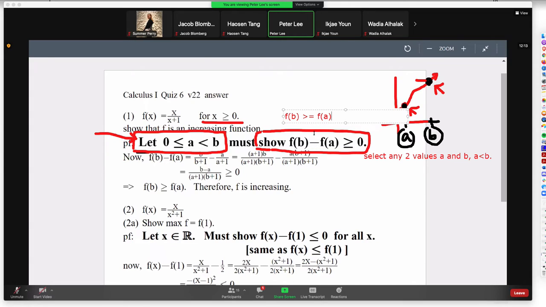Or mathematically, math people, we like to put everything on one side, and so we want to show that f of b minus f of a is greater or equal to 0. Now note that this a and b are random. a and b are any values, but a is less than b, the bigger value we call b. So now we have to show that f of b minus f of a is greater or equal to 0. This is the second thing I have to see.